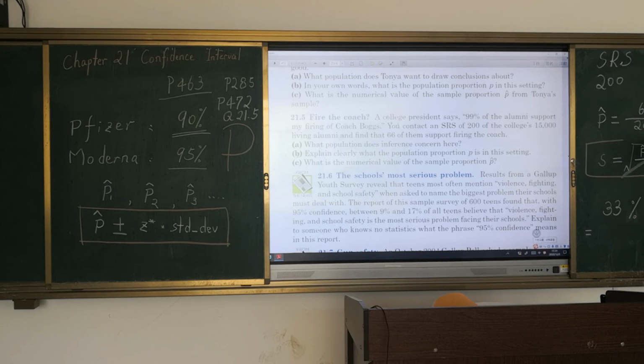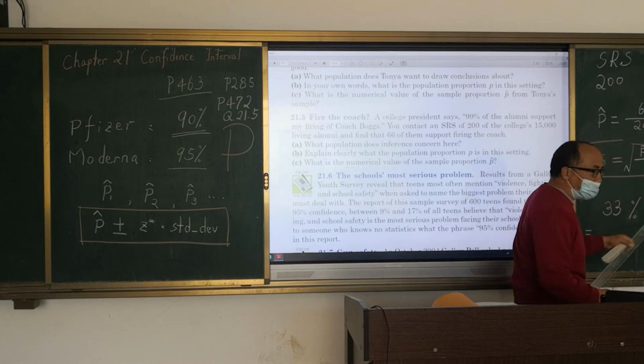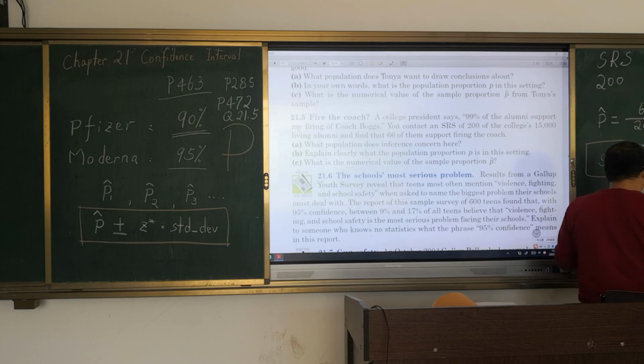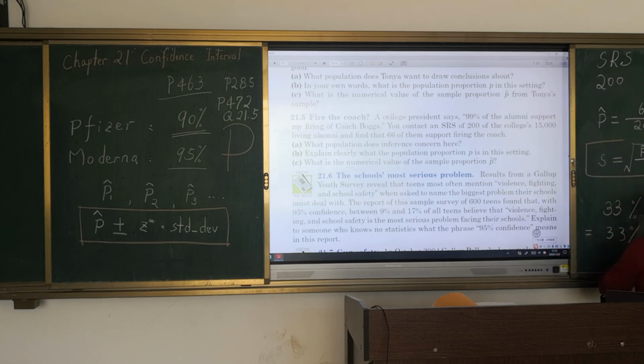But if it's too wide, if you tell me the possibility is from 0 to 100%, then you are not telling me anything. So 2 times this means what? 33% plus minus.